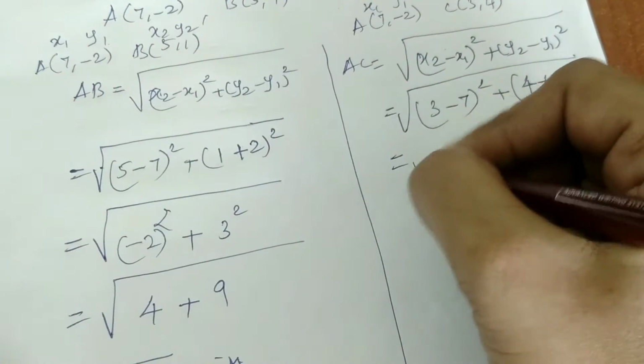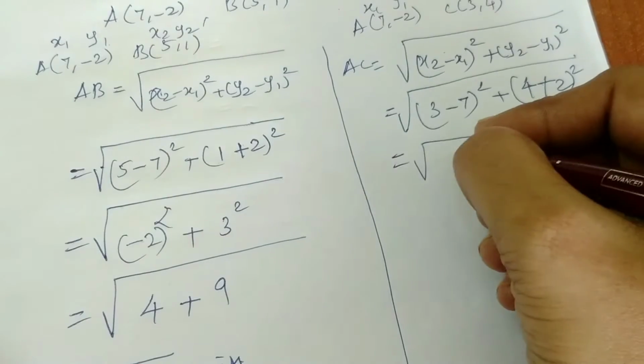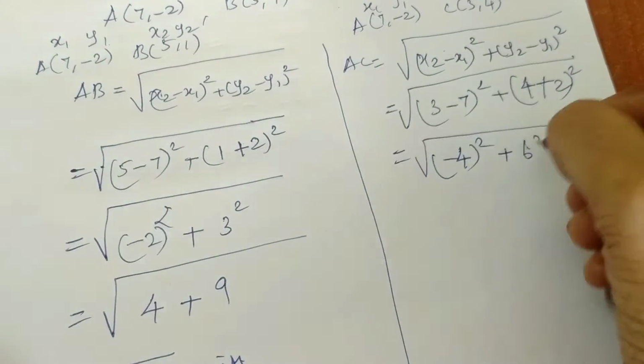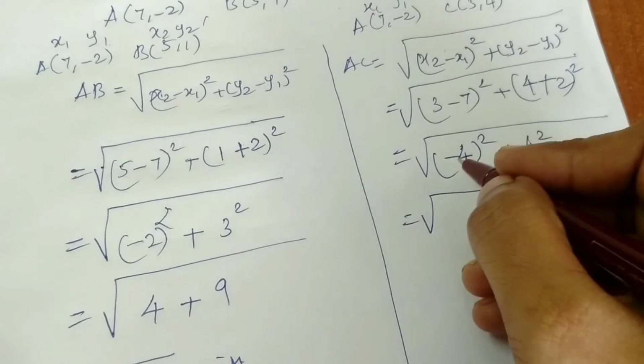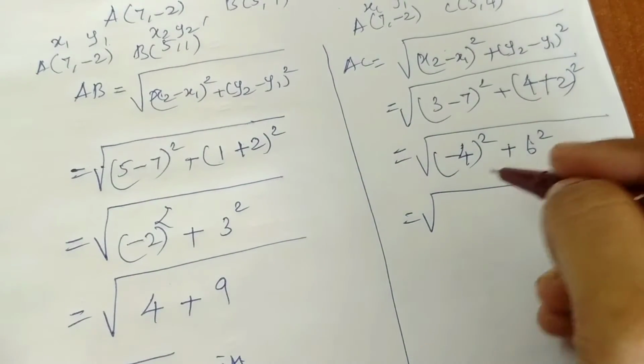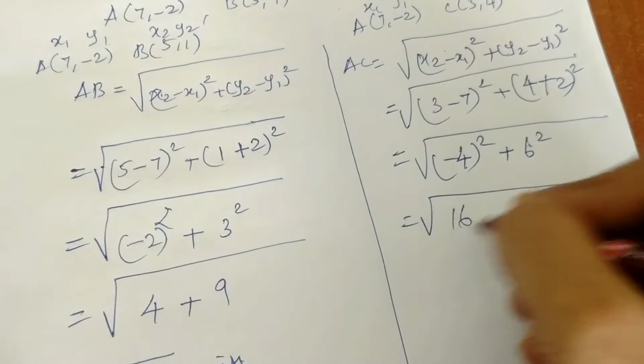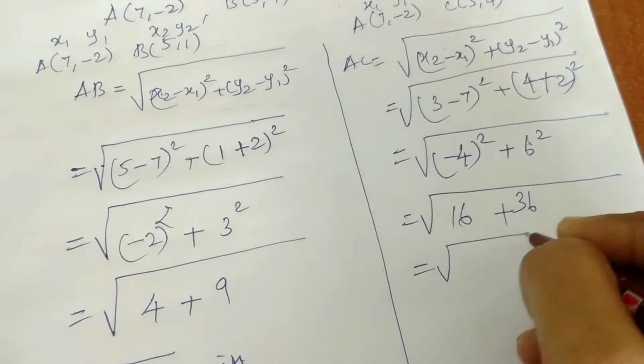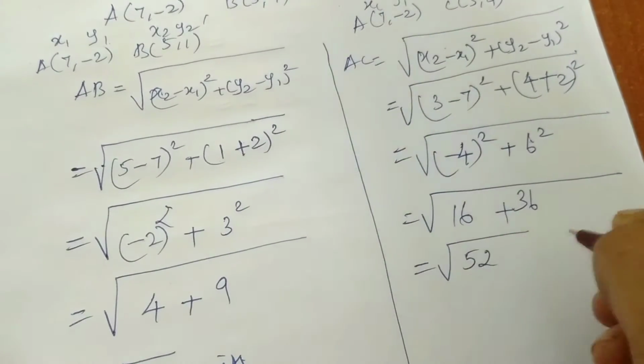Again, square root of 3 minus 7 is minus 4 the whole square plus 4 plus 2 is 6 square. Minus 4 into minus 4 is plus 16, plus 6 square is 36, equal to square root of 52.